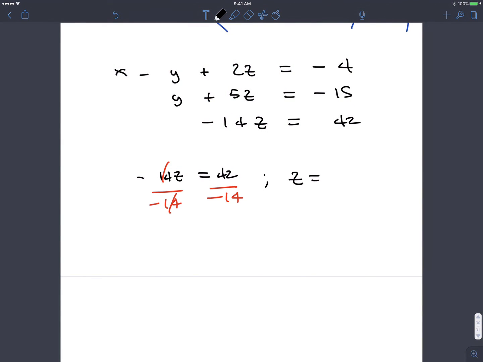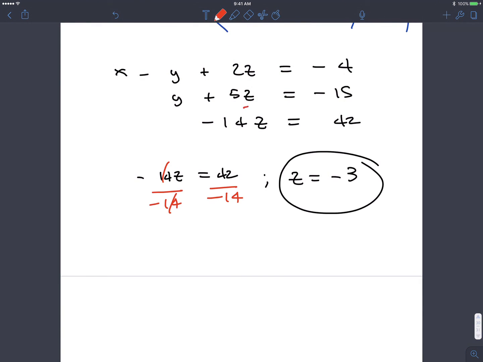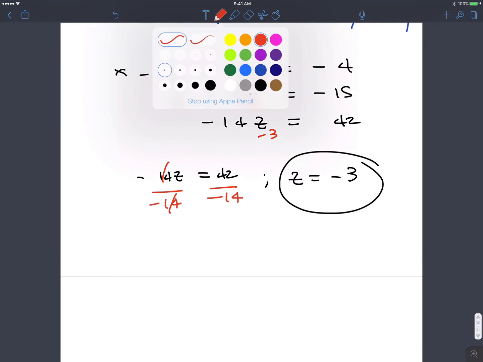So z is going to be 42 divided by a negative 14. Positive divided by a negative is negative, and that's negative 3. Here's my value for z. So I get to replace my z with negative 3.